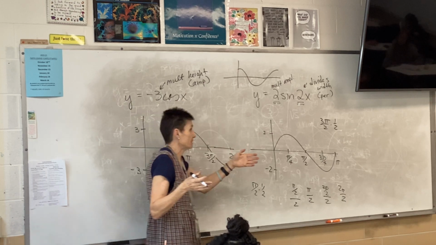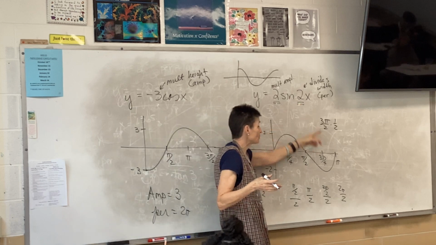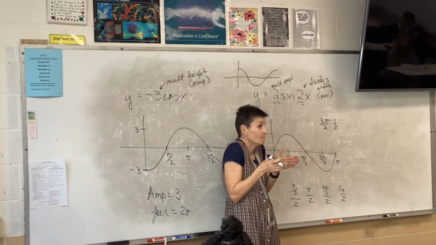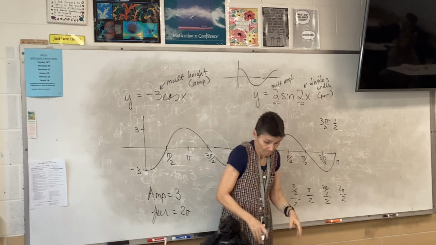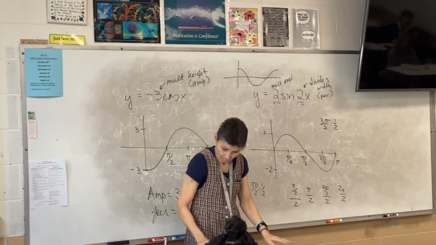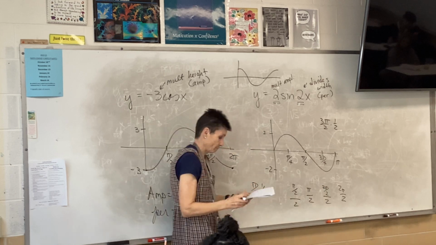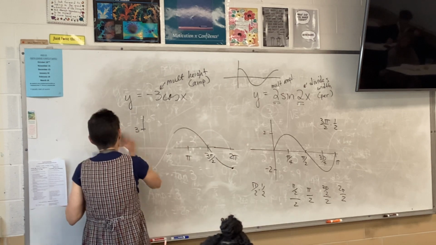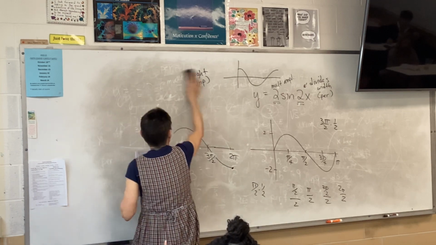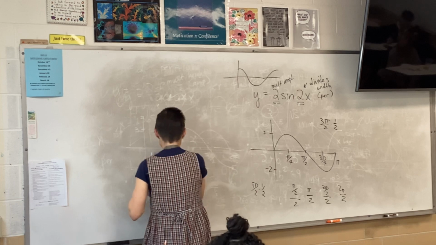Well, what have we done? We've divided it by 2, so now the period is only pi. Half of what it was before. All right. Now, this is big time now. This is major.